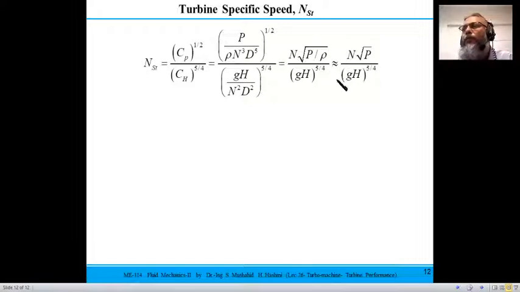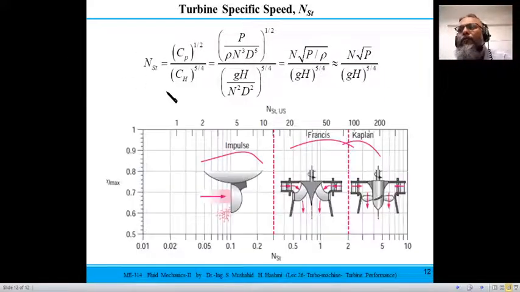So that would be your turbine specific speed. With these dimensionless quantities, we can classify different types of turbine based on one single parameter. We have given it the name specific speed of turbine.